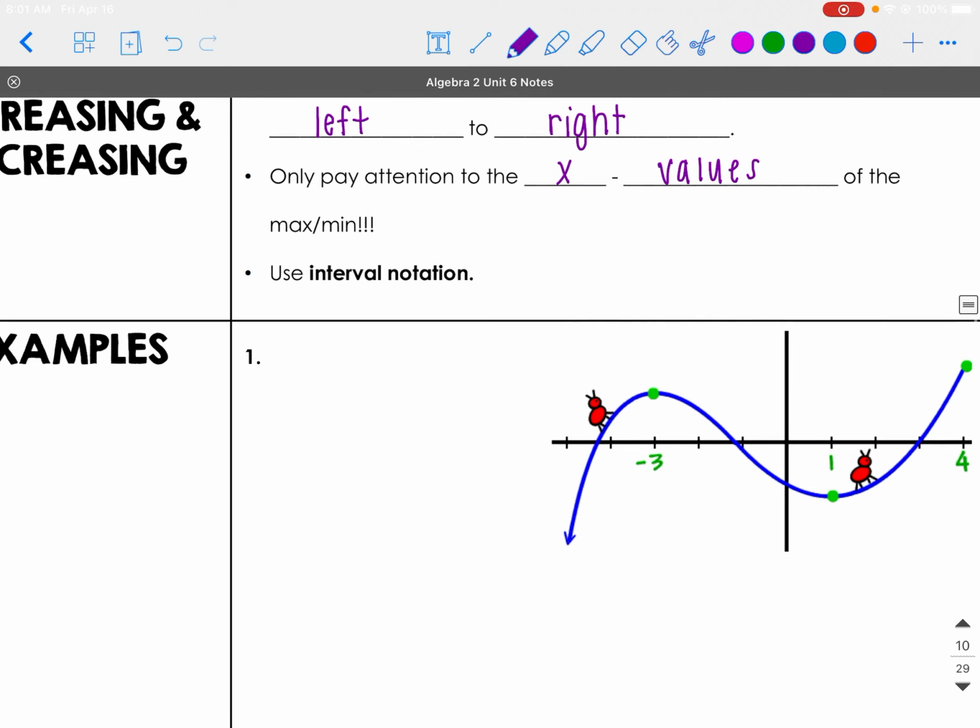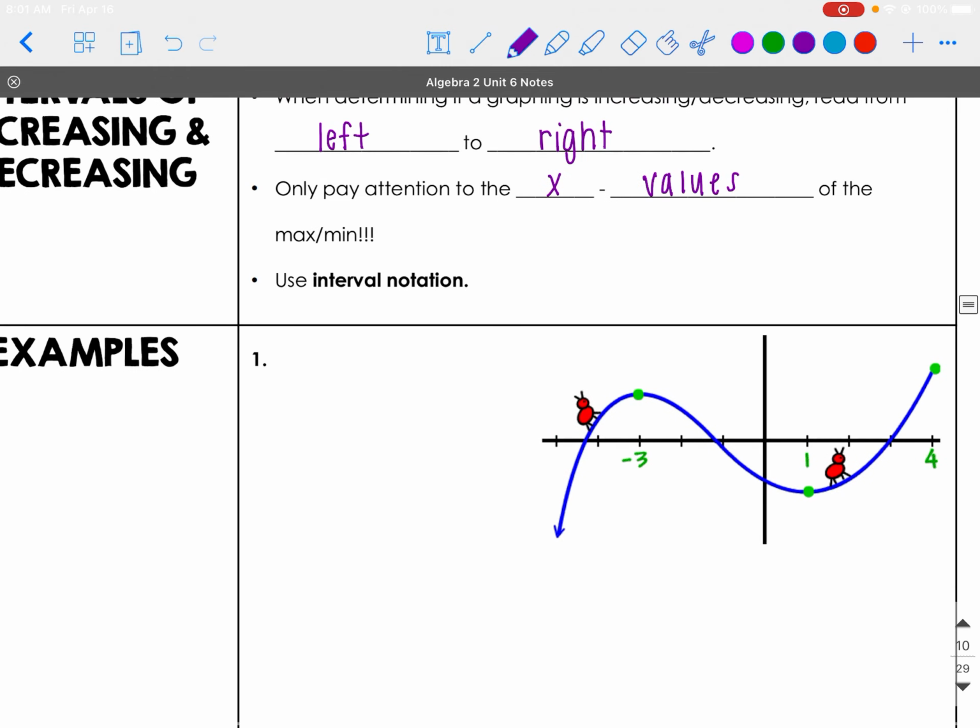And then we use what's called interval notation. So we will use either brackets or parentheses. The brackets we use if it's a number. The parentheses we use if we use infinity. And you'll see when we use infinity.